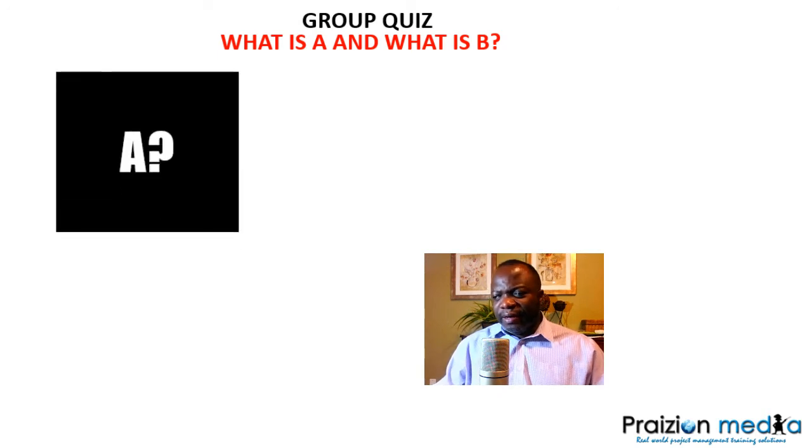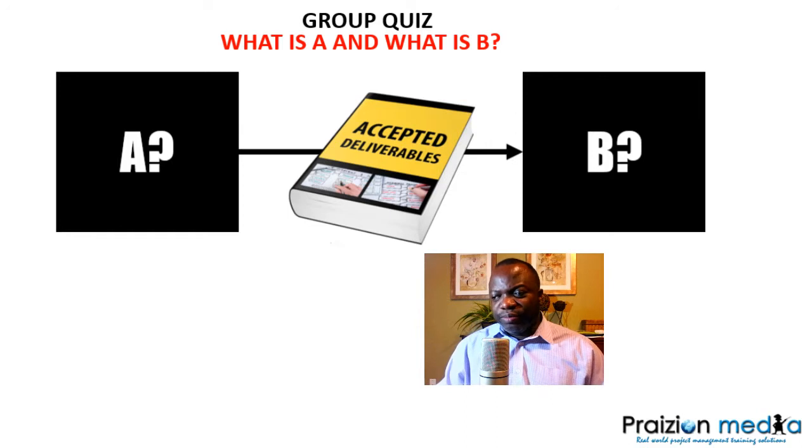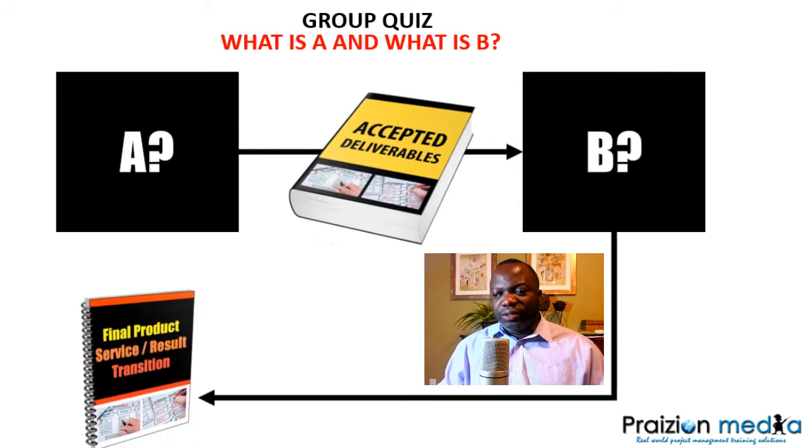Process A gives you an output known as accepted deliverables. Now, accepted deliverables becomes an input to process B. And process B gives you an output which is known as final product, service, or result transition.